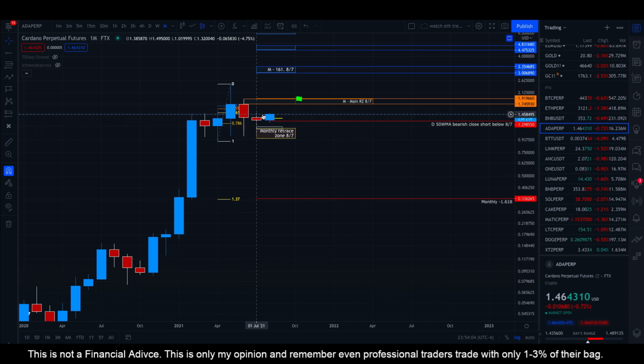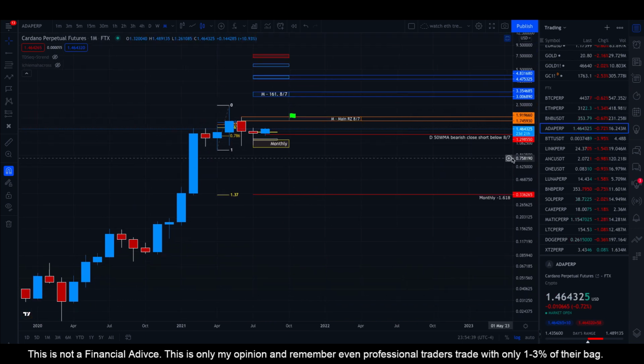So you can see here that I put the first minus 1618 extension level. I put a red line over here to indicate a bearish close. So if we do close below this line, it's a bearish move. It may also act as a support level. So the price may retrace down to this red line and bounce back up.